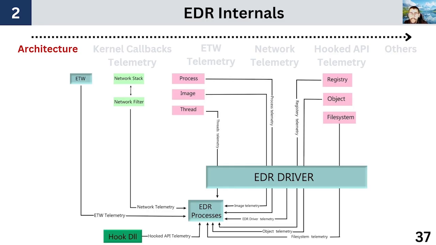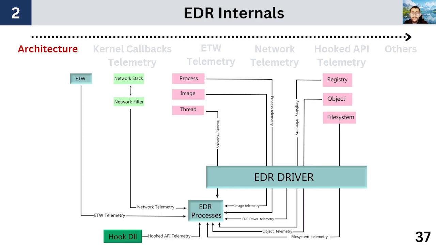These events are written to ETW sessions, which EDR processes consume in real time. This enables the EDR to monitor system behavior at a low level, collecting high-fidelity telemetry without impacting performance. Attackers sometimes attempt to disable ETW providers to evade detection.